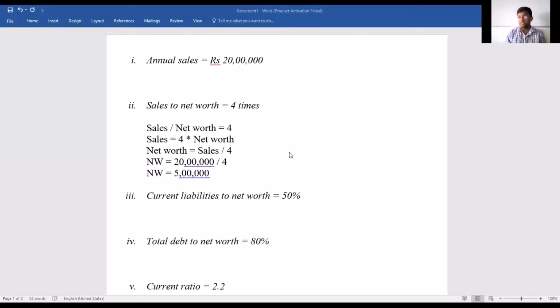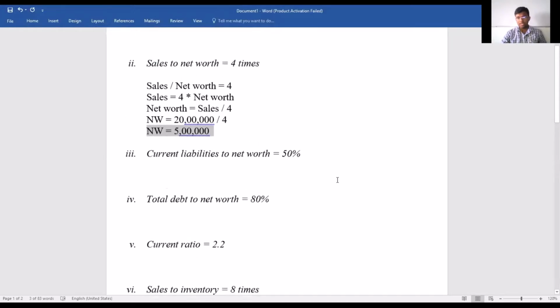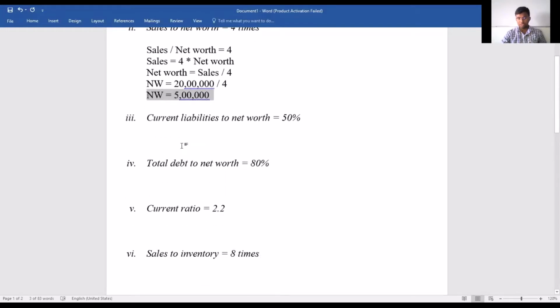Net worth is nothing but your share capital. When we talk about the net worth of a company, we are talking about the share capital of a company. So we've got one of the items to populate into the balance sheet, which is share capital, or net worth, and this we will be able to utilize over there.